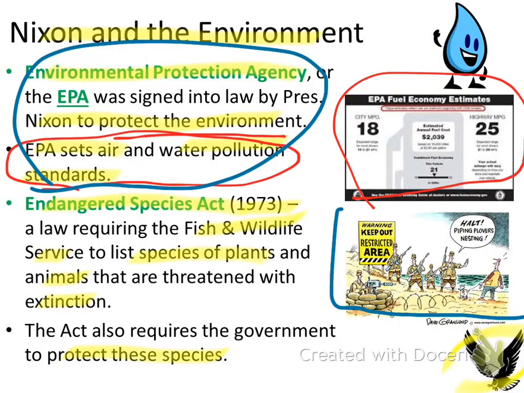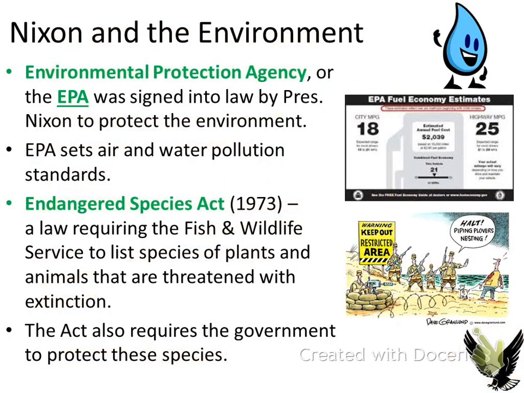Anyway, if I am reading that correctly, piping plovers are a real bird. And so this is the extent that the government has taken in many cases to protect these endangered wild animals or plants by setting up these kinds of protections. Again, this is a political cartoon. It's a little extreme, but it kind of gets the point across.